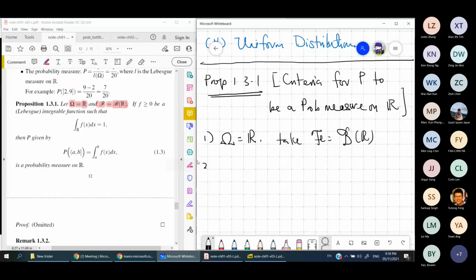Next, we just need to verify this. First, we have to make sure f is a positive function, small f. It must be positive. And secondly, when we integrate f from negative infinity to infinity, the value is 1.